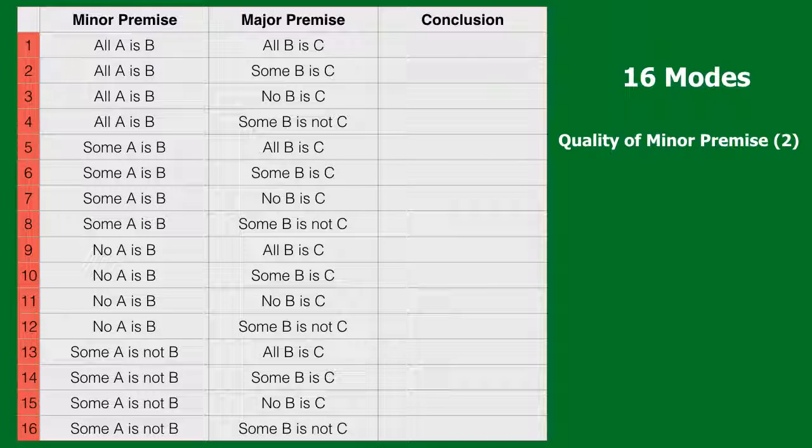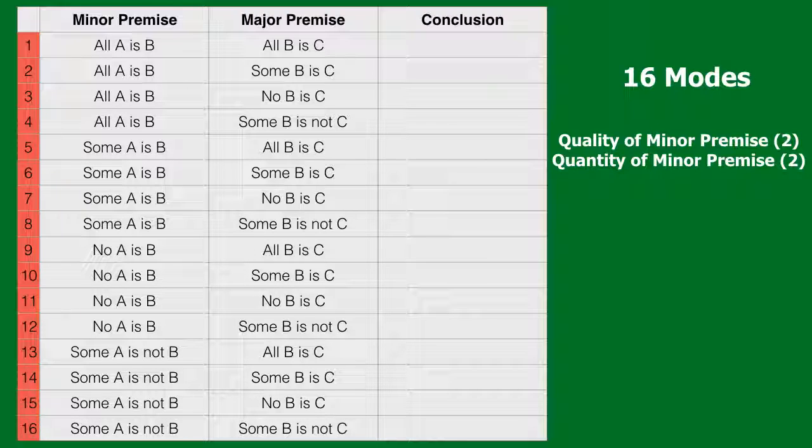The way that you figure out the 16 modes is that you have two premises, the minor and the major premise. Now, the minor premise could have one of two qualities. It could be affirmative or negative. That's two possibilities. For each of these two possibilities, it could be universally quantified or particularly quantified. So the quantity of the minor premise has two possibilities.